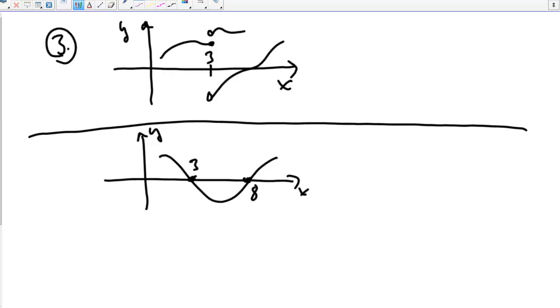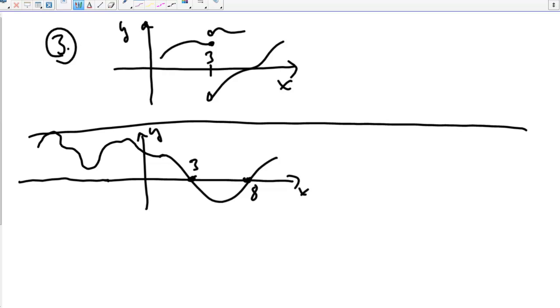You notice that's the only places where the function changes sign, which means everywhere else, say, when we look at the intervals here, for all the numbers before 3, there's no way it's going to change sign. It could be doing all sorts of crazy things here, but if it's only 0 or discontinuous at 3 and 8, there's no way that it can cross the gatekeeper here to change sign again.